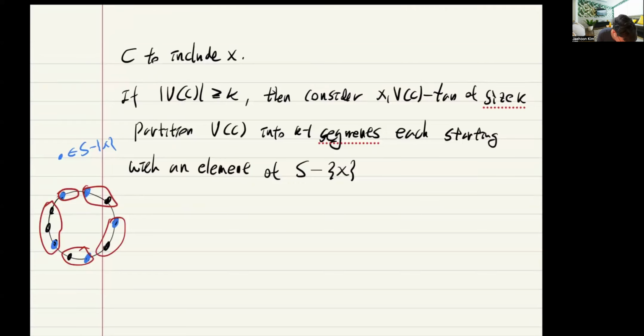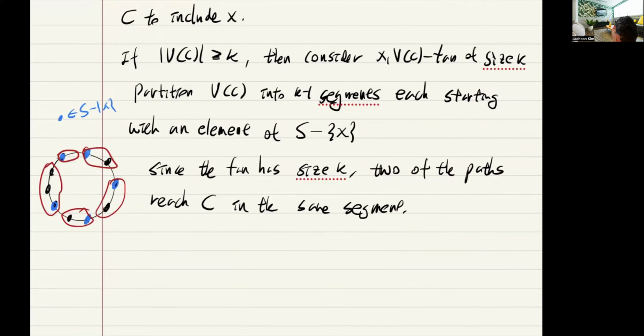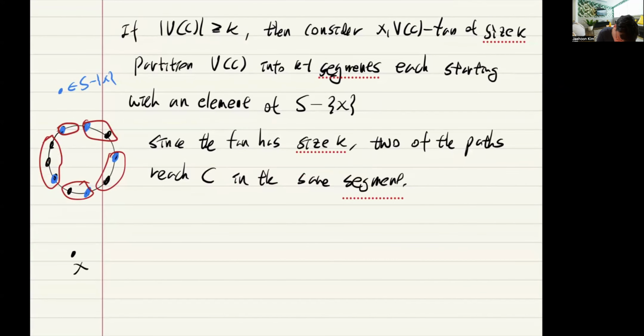Then you have these k-1 segments, but the fan has size k. So by the pigeonhole principle, two of the paths end in the same segment. So you have x, and two of its paths land in the same segment. Then again, you can detour and augment this cycle.